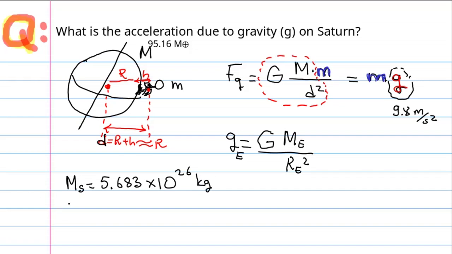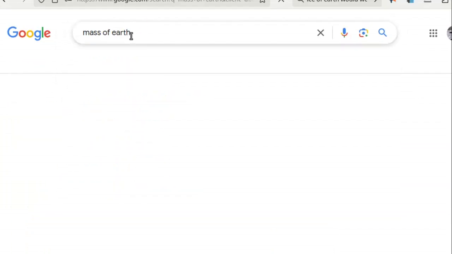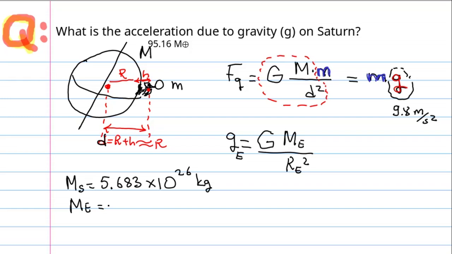Now we need to compare this with the mass of Earth. Mass of Earth is 5.973 times 10 to the 24 kilograms. Then we can write the mass of Saturn in terms of the mass of Earth.